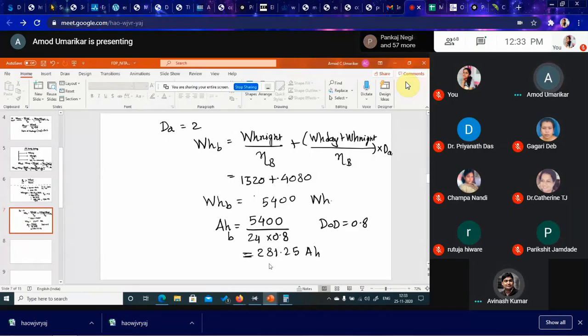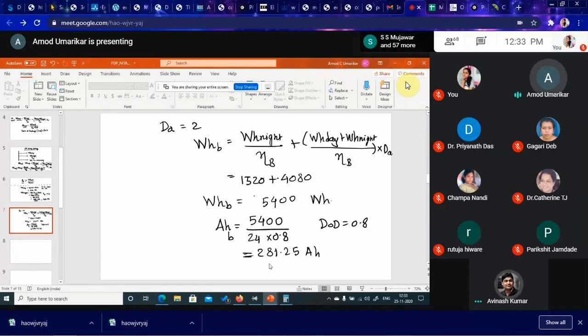Yes, we have to use batteries in parallel and series to achieve this. We cannot have a standard cell. So it's a design, right? We need not be accurate. It can be mostly on the higher side. Let's say 300 ampere hour, slightly oversized.